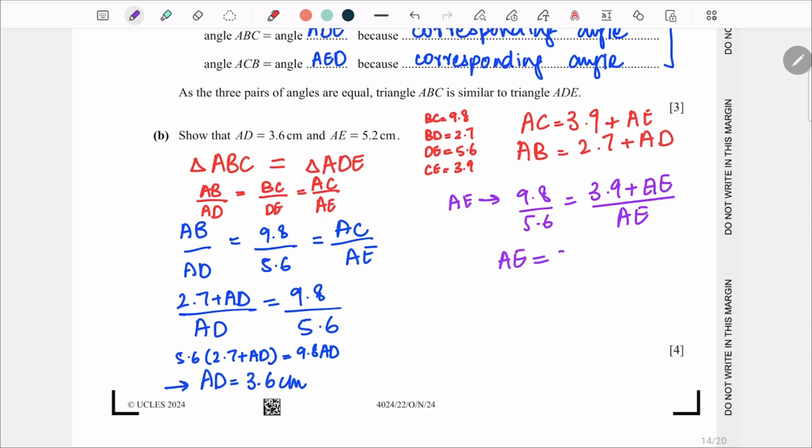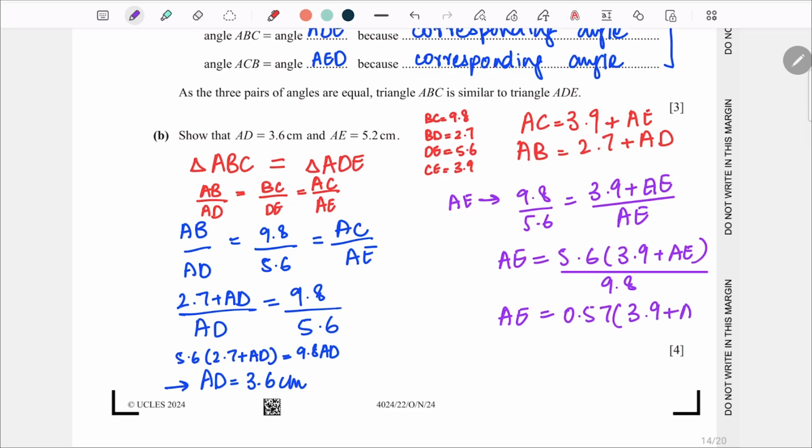This is basically 5.6 multiplied by 3.9 plus AE divided by 9.8, which is 0.57 bracket 3.9 plus AE.